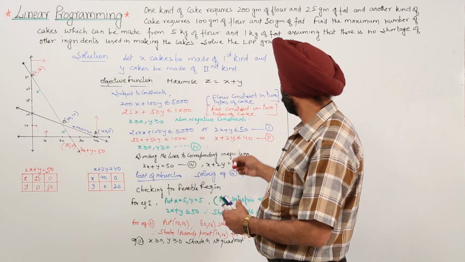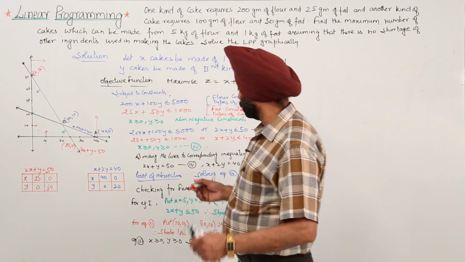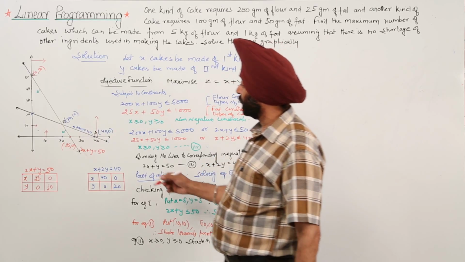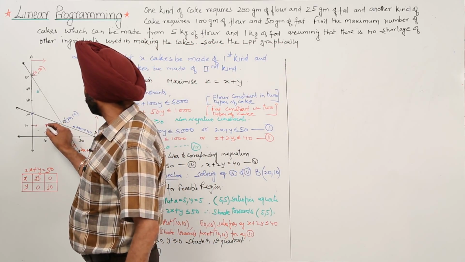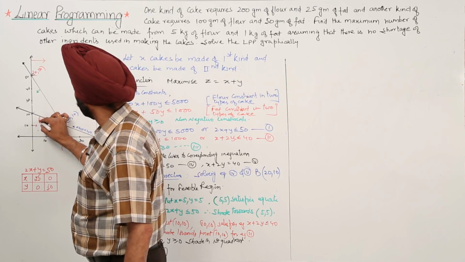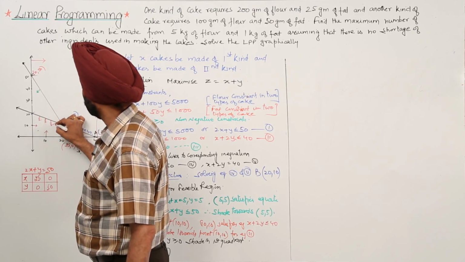For equation 2, x plus 2y is less than or equal to 40, we have taken point 10 comma 10, which is approximately here, so for this equation it will be this side.